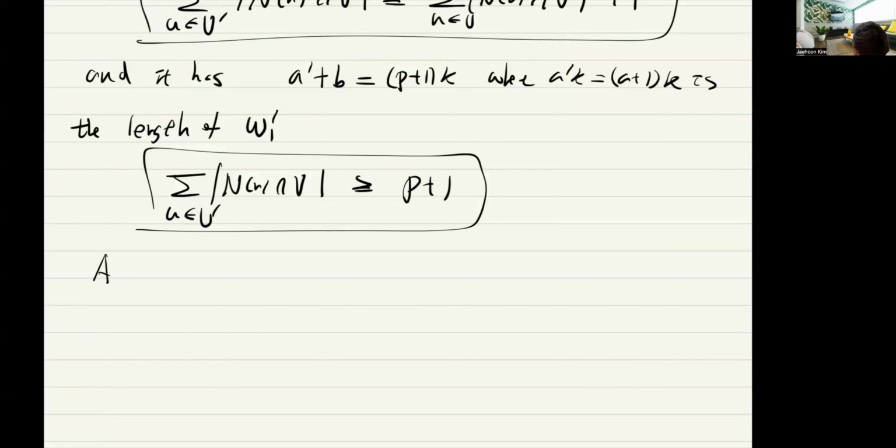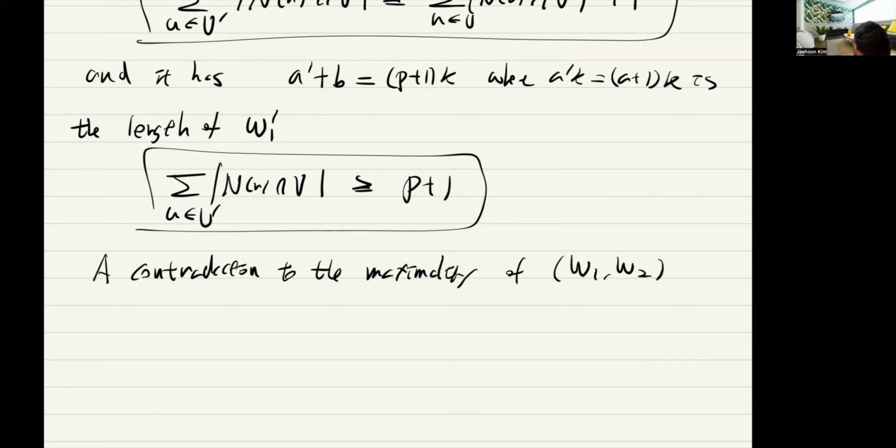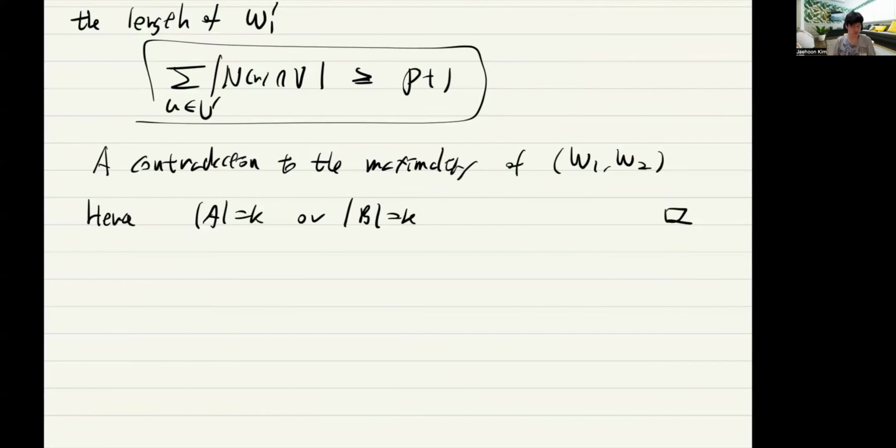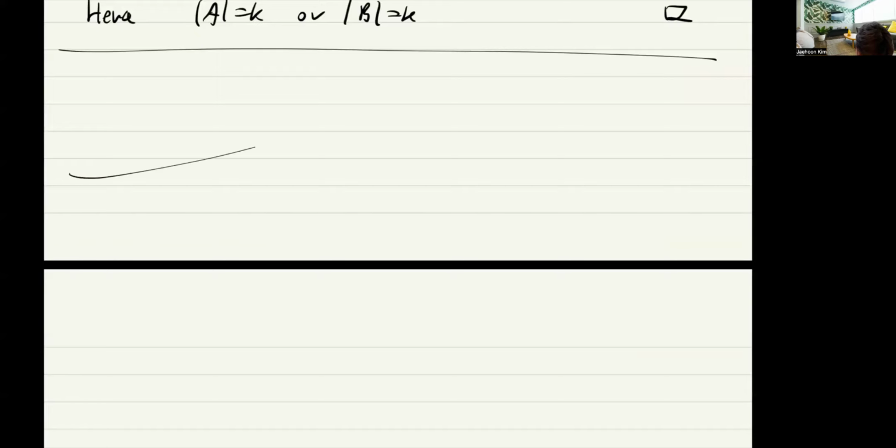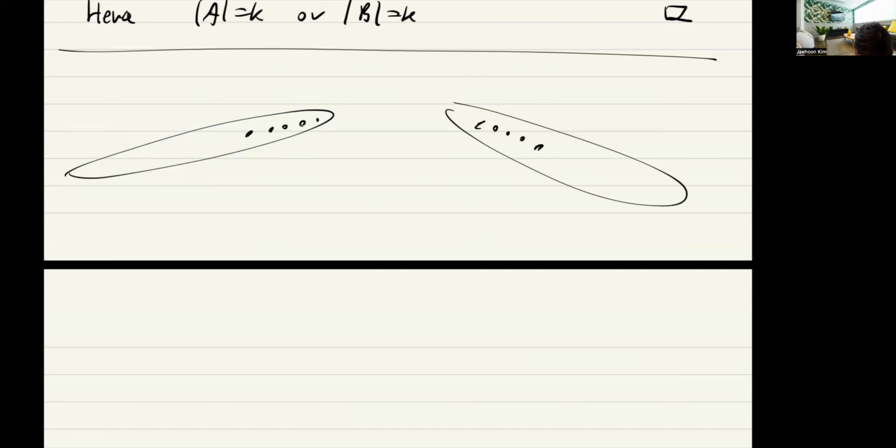Which is a contradiction to the maximality of W1 and W2. Hence, we have that either A is size K or B is size K. Okay. So now we know this, and we have this case, the power of the K clique, and the last K's are here.